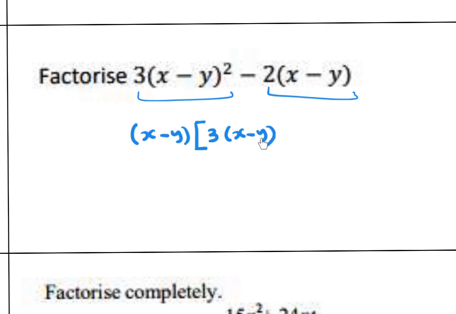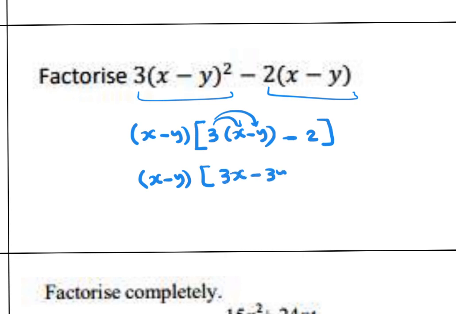So we have 3 times x minus y, minus 2 times x minus y divided by x minus y gives 2. So this is the answer. You can expand the second bracket: 3 times x and 3 times negative y, so 3x minus 3y minus 2.